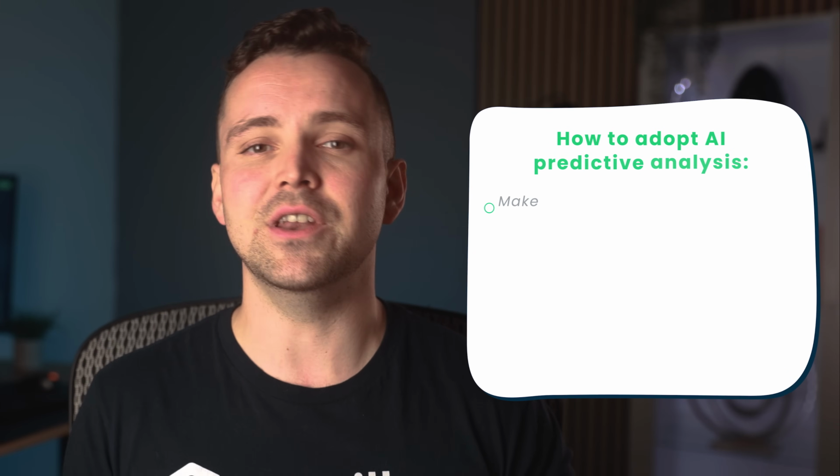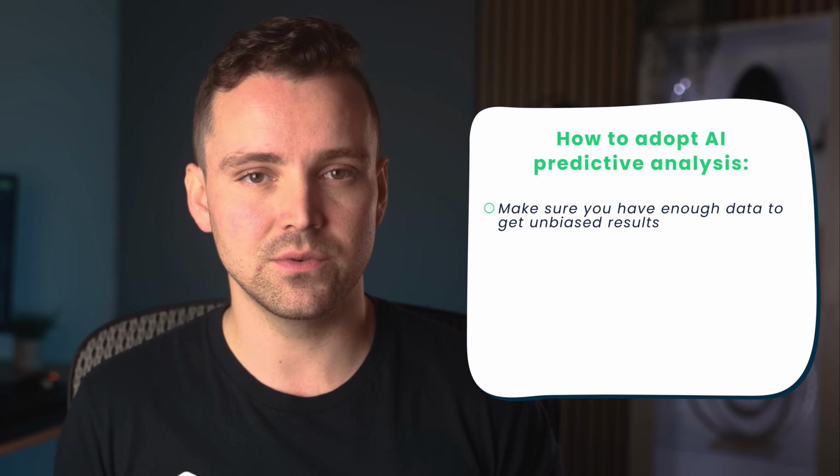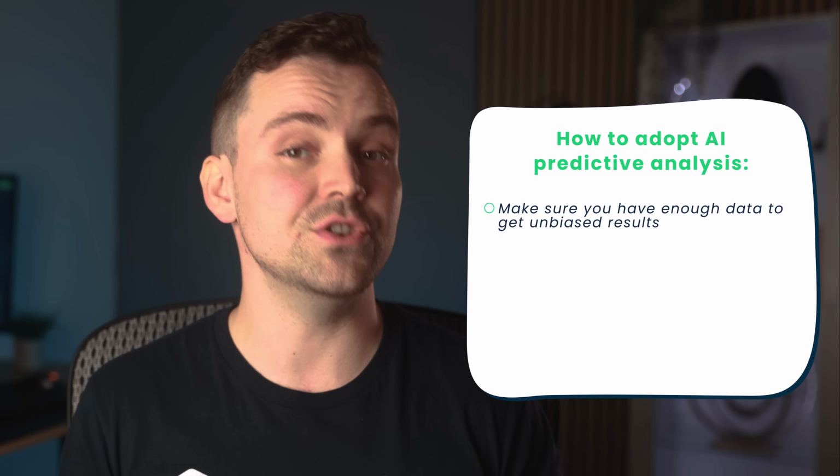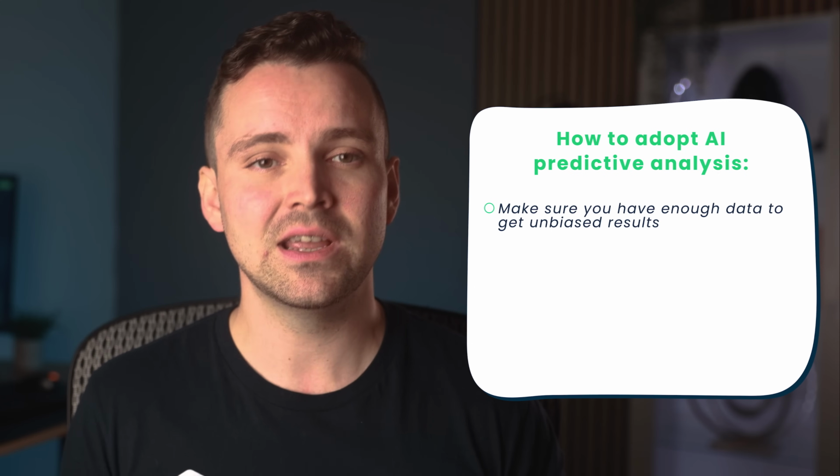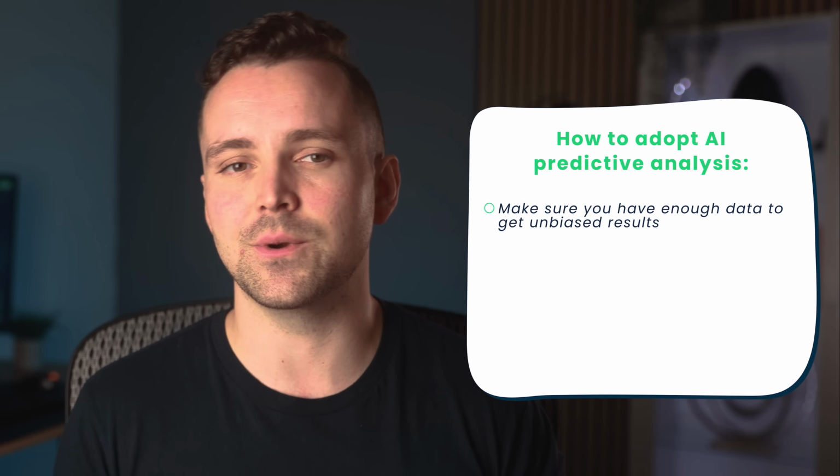You don't necessarily need separate tools to use predictive analysis for identifying high-risk customers. Some CRM and marketing platforms, such as Klaviyo, Salesforce, and others, already incorporate predictive analytics. To achieve results with AI predictive analytics and successfully integrate it into your strategy, you should make sure you have enough data to get unbiased results, meaning at least a few hundred users who have purchased your product and a long purchase history.